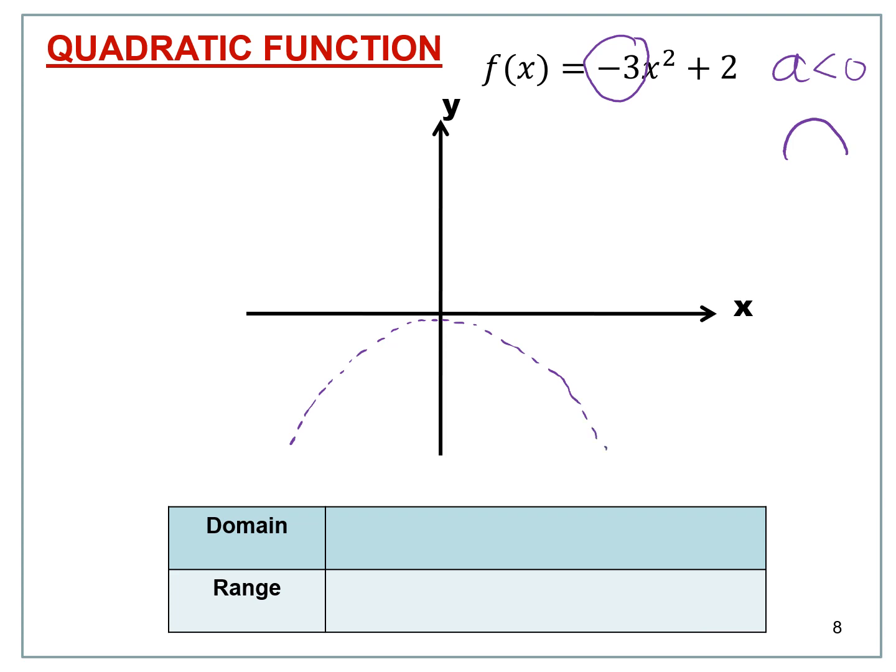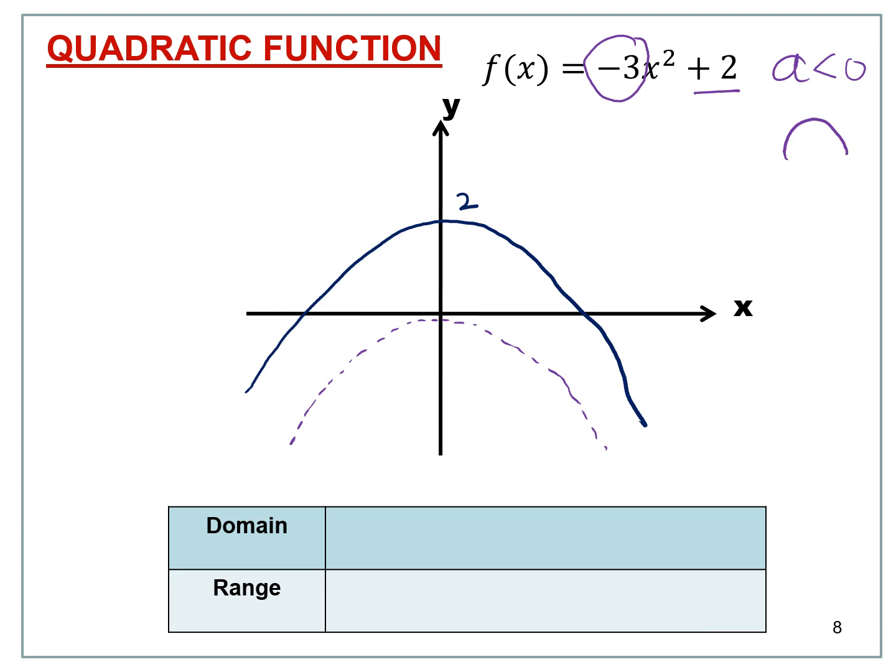And how about plus 2? Plus 2 means the graph shifts 2 units up from (0, 0). So the same graph, but shifted 2 units up, so y is 2.